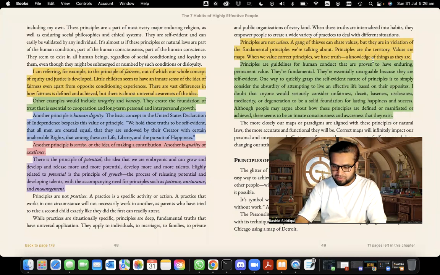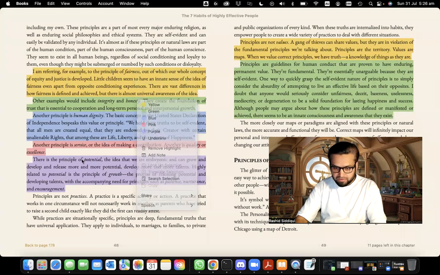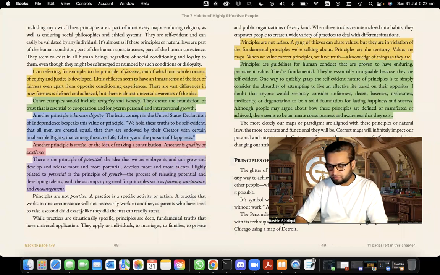So what are principles? Here it explains with examples, like the principle of fairness, the principle of integrity and honesty, human dignity, the principle of potential growth, patience, encouragement. These things are very self-evident, and if we follow these key concepts as a driving force in our life, we will achieve something meaningful.